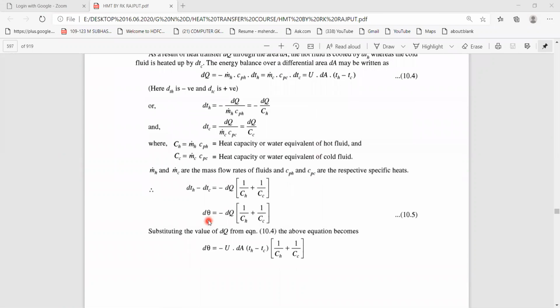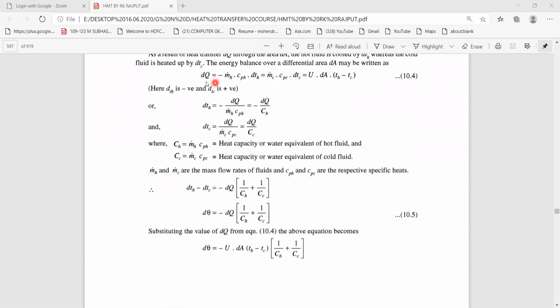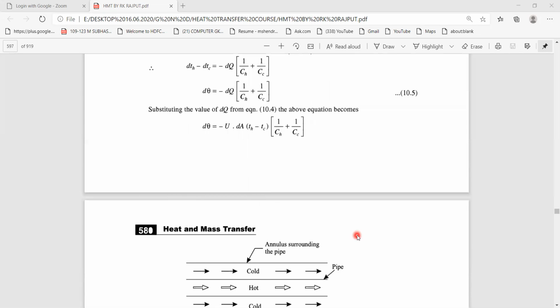So d theta equals minus dq into 1 by Ch plus 1 by Cc. Now we know dq from equation number 1: U dA into Th minus Tc. Let us substitute this dq in this equation. So we get minus U dA into Th minus Tc, with this bracket as it is. The next is a very important step. So I'll write d theta equals minus U dA into theta, in place of Th minus Tc, into this bracket as it is.